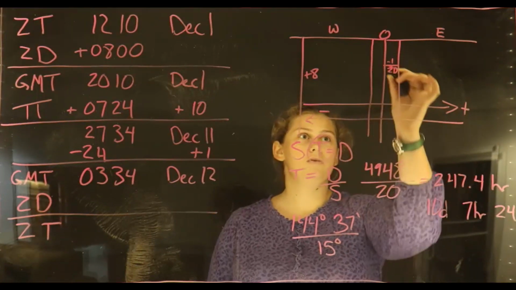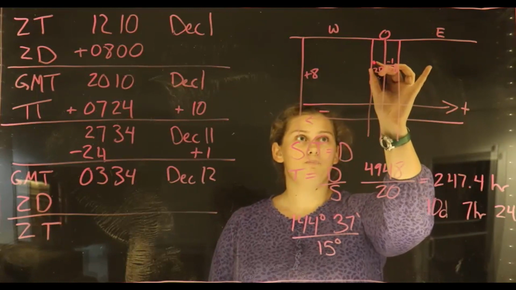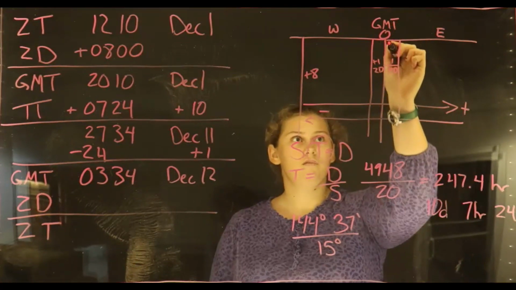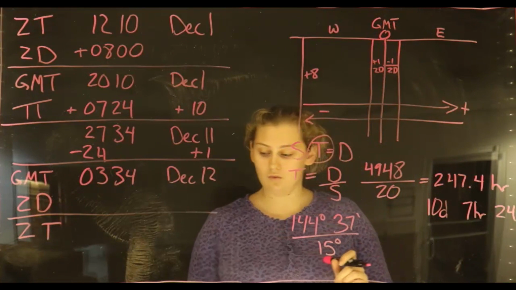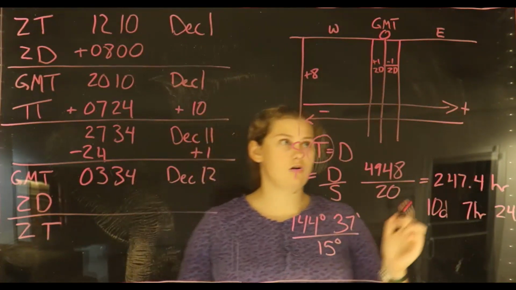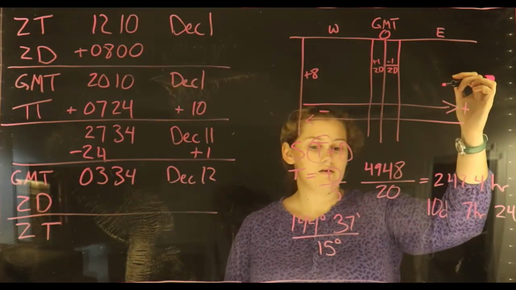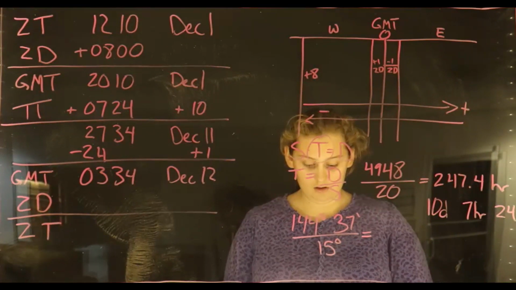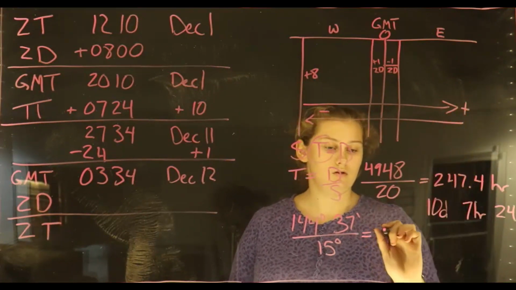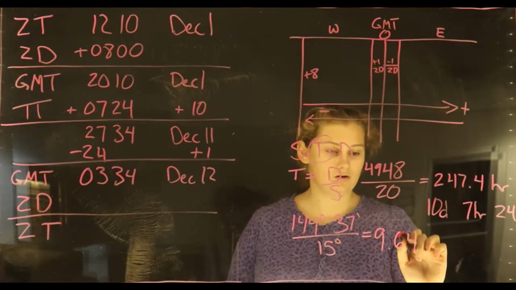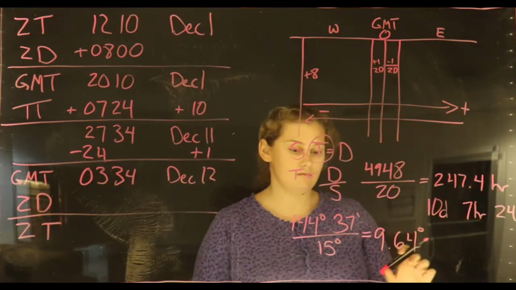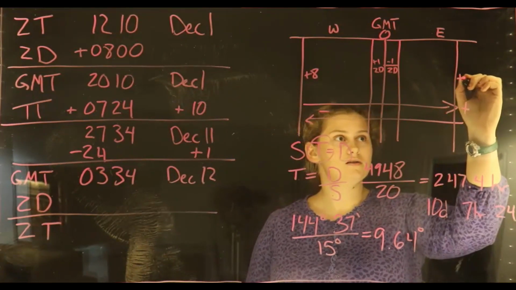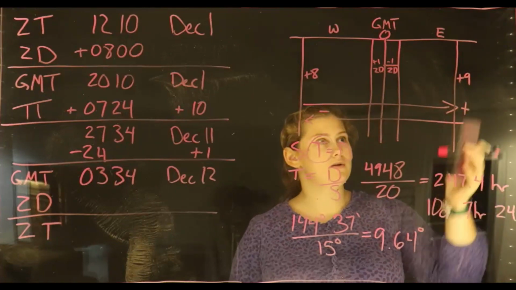If we were to come over here, it would be a zone description of +1, because this is GMT, right here, down the middle. So Guam is in the east. So we are on this side, and our zone description ended up being 9.64 degrees. So we'll come over to our zone description of +9. Oh, sorry, that would be a -9.